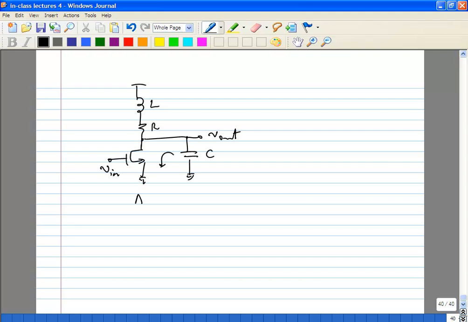So what is your gain now? It is nothing but Gm times Z of S, where Z of S is the impedance. Let's assume Gm is constant because we know the trade-offs involved in changing the current and size.